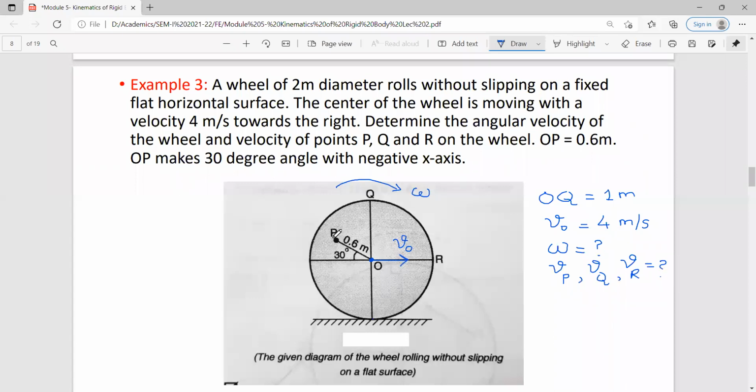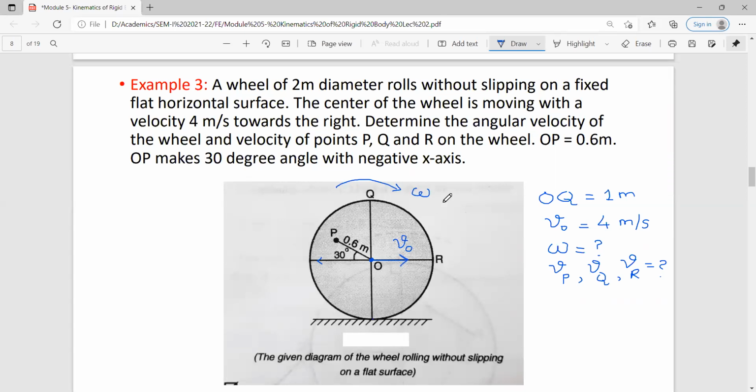OP distance is given as 0.6 meter. And OP makes 30 degree angle with negative x-axis, meaning the left side x-axis is known as the negative x-axis. So it is making 30 degree with that.